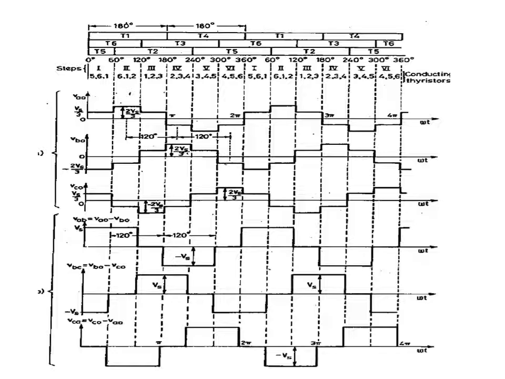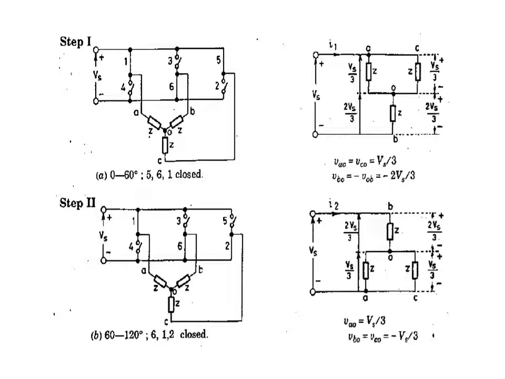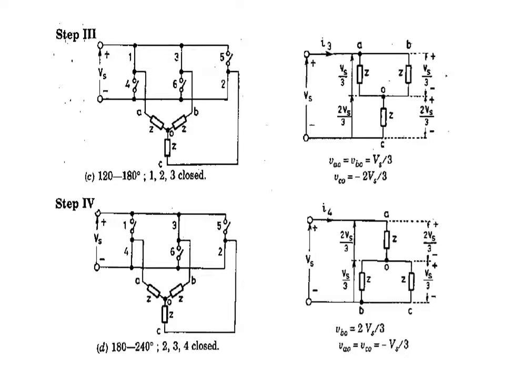Now, this can be studied using the equivalent circuits. These equivalent circuits are modeled in 4 steps. Step 1 and step 2 are shown in the figure respectively, that is for 0 to 60-degree, step 1, step 2, 60 to 120-degree, third step 120 to 180-degree, and fourth step 180 to 240-degree.